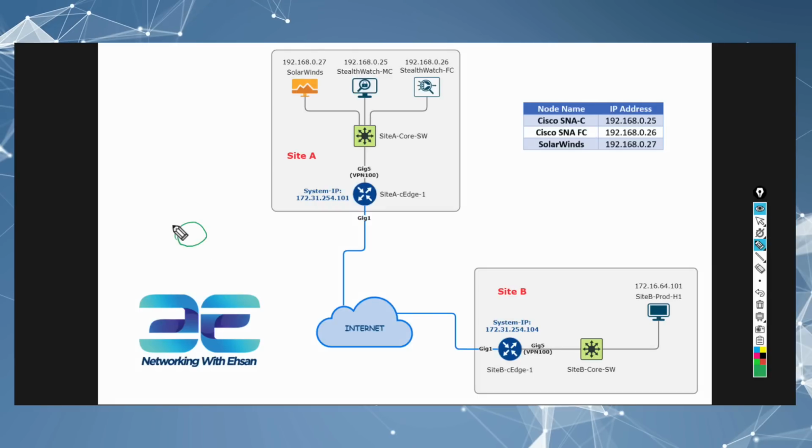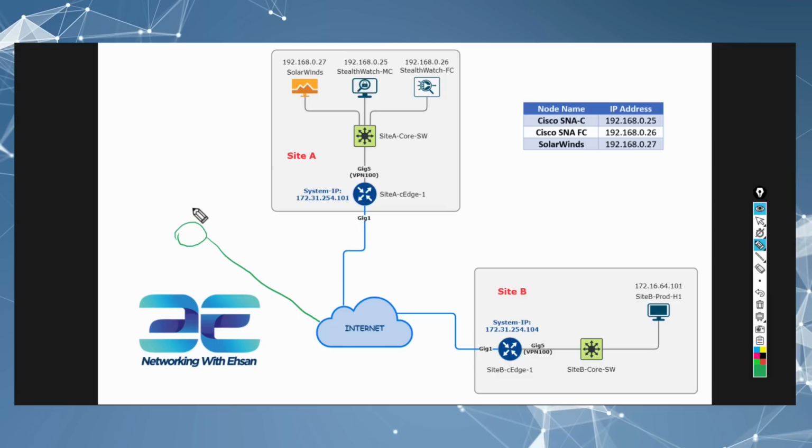I need to explain a little bit about this source interface and why we are using a loopback. Because this is a central policy, it will apply to all of your devices in your SD-WAN fabric, right? So imagine that one of our device has not gig 5 and it has gig 2, for example.